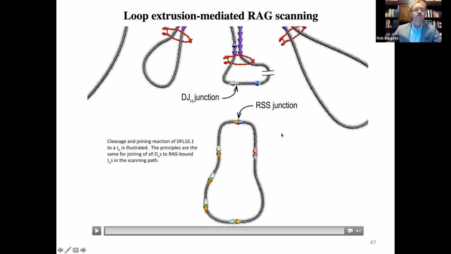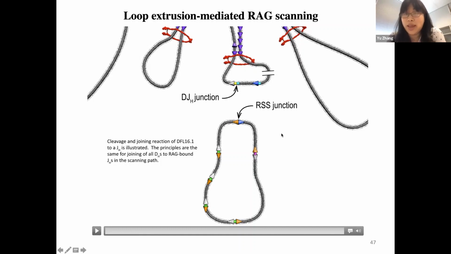Question is, since RAG scans passively, does it anchor to another protein or does it work freely on the DNA? Actually, it's a very good question. Since it's passive, of course, we think it has to be promoted by cohesin to do the extrusion.